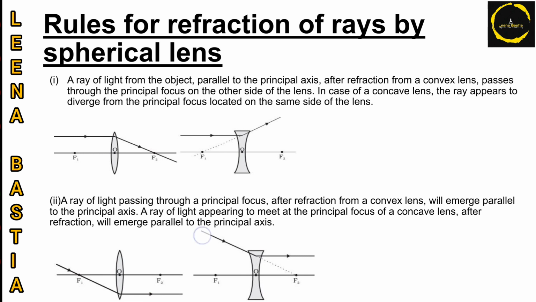Similarly, when a ray is moving towards the focus and reaches a concave lens, after refraction it will be refracted parallel to the principal axis. It appears as if it is moving towards the focus F2.